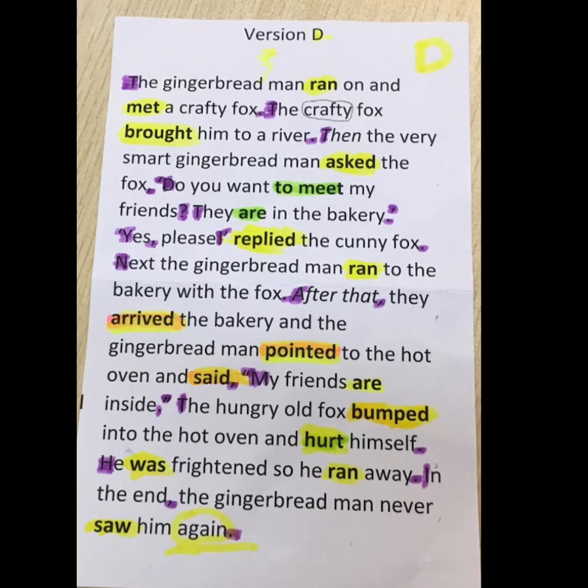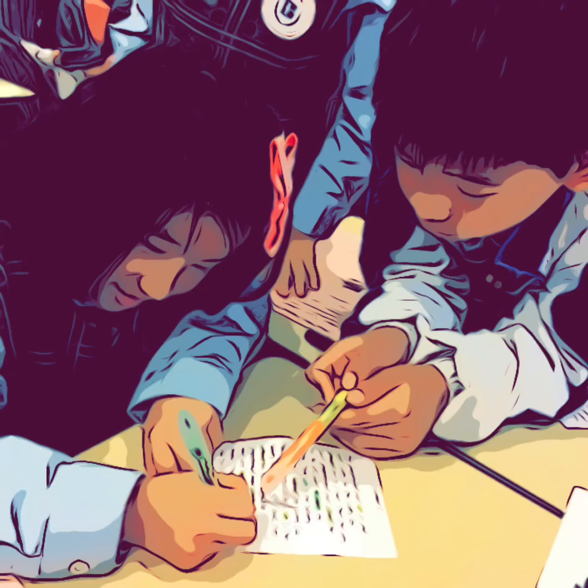So together with the class, teachers highlighted the verbs in the version D new ending. We used different colors for past tense and other colors for present tense. So this exercise helps students to realize different tenses used in the story, how they differ in different situations. For example, in dialogues, the tenses used may be different.